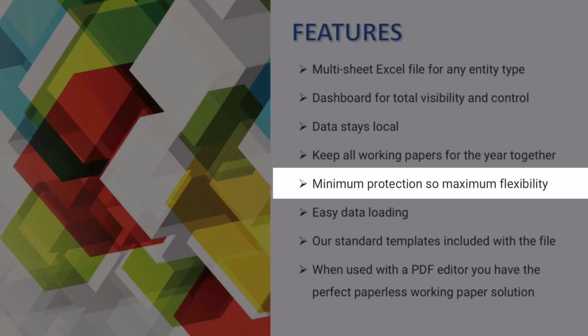Each worksheet has minimal protection, giving you maximum flexibility in the way you work. You can type in any blank cell, paste screenshots, perform your own calculations in empty cells, and add ticks, crosses, notes, and other review marks to simulate paper-based processing.